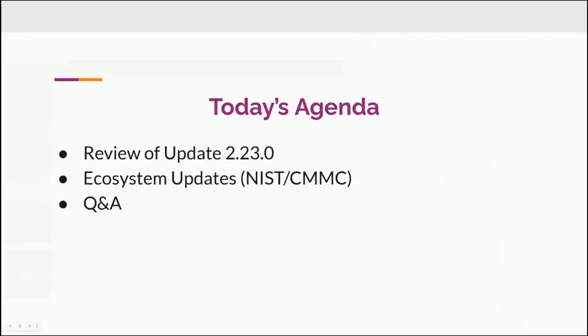We'll also talk about some changes with the ecosystem updates for NIST CMMC. And then, of course, if anyone has any questions, feel free to put them in the chat or in the questions area on the app, and we will go from there.